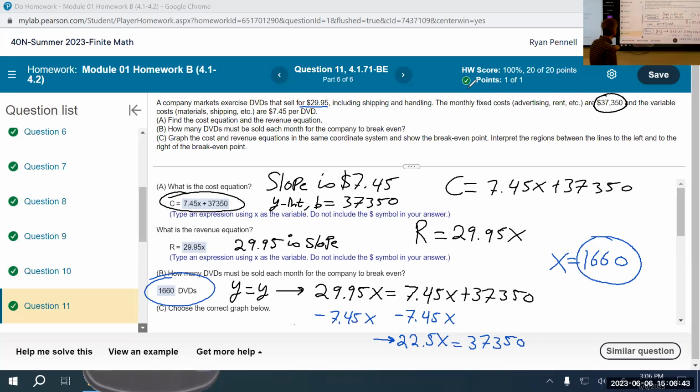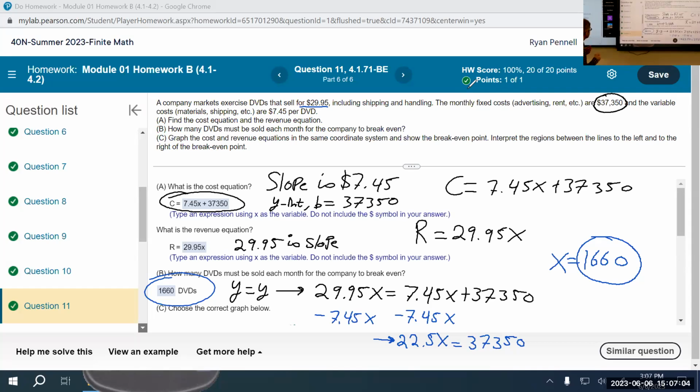That's the money coming in per game sold. Money going out is it took $7.45 to make it, and there's a static manufacturing cost of $37,000 per month. So that's where the 29.95 came from.